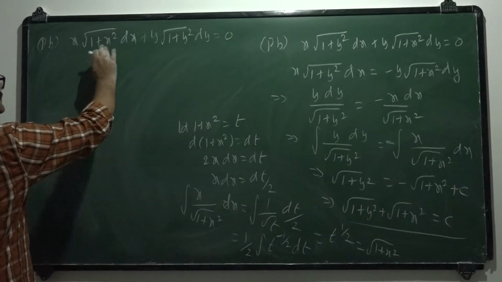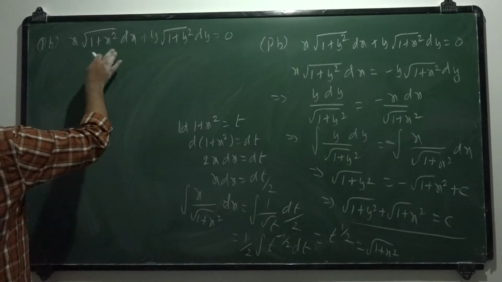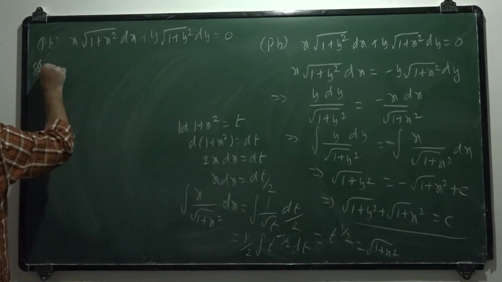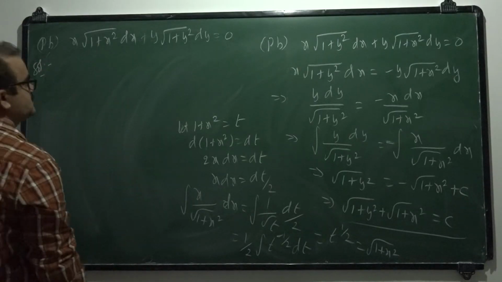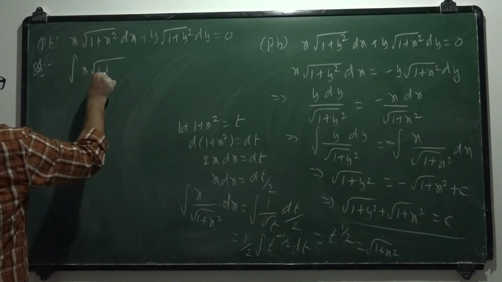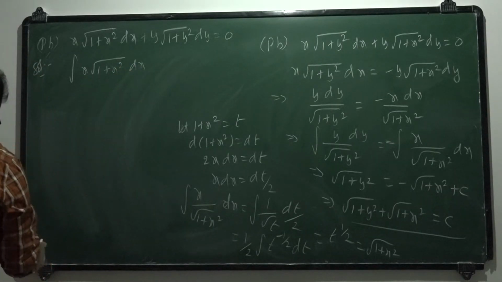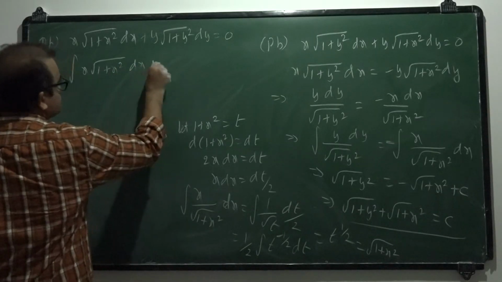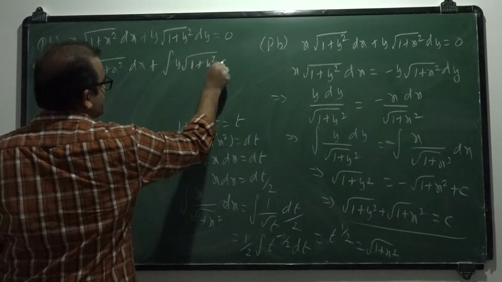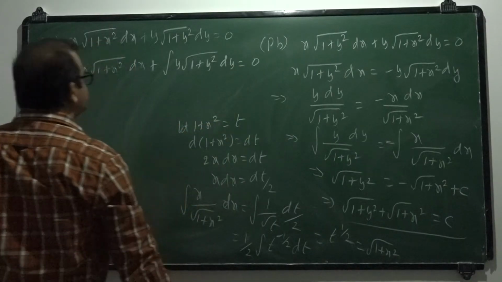Here x terms and y terms are clearly separated. Okay, now integrate directly, taking integration on both sides. Integral x root of 1 plus x square into dx plus integral y into root 1 plus y square into dy is equal to 0.